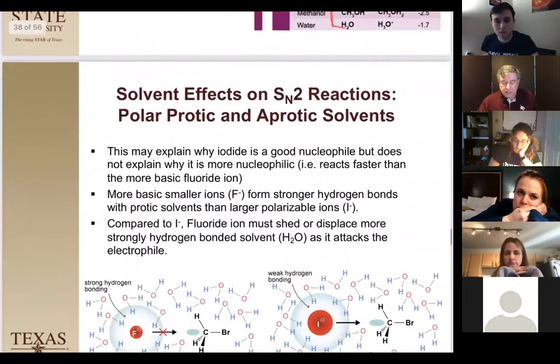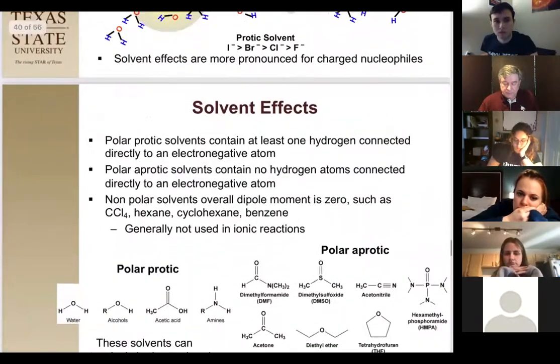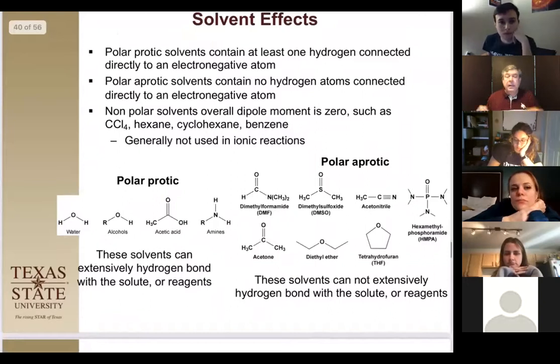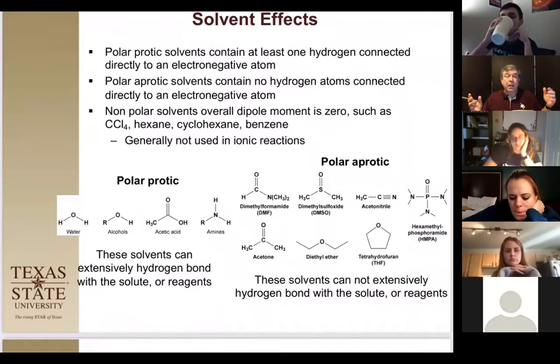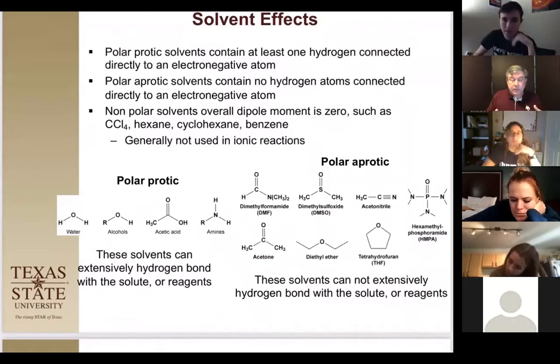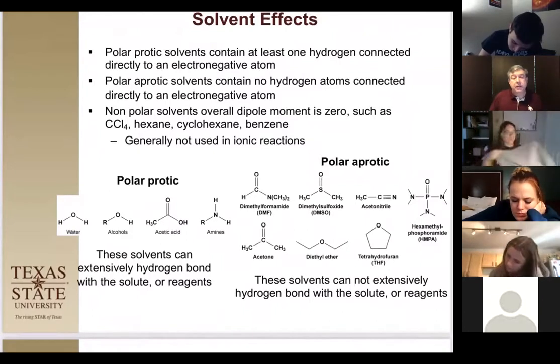Okay, the next thing I want to talk about is solvent effects. In solvent effects, we have to have a polar solvent, so it's got to be polar. If we have nonpolar solvents, we can't support the nucleophile or its charge, and therefore the reaction can't progress. But we have two kinds of solvents.